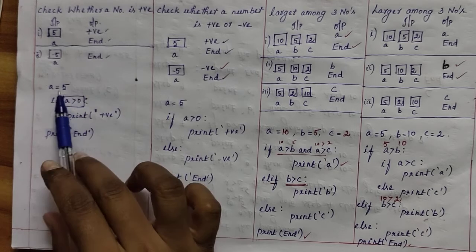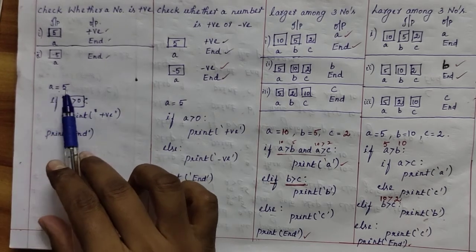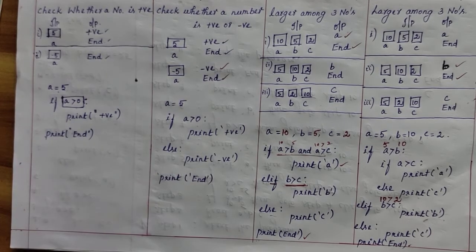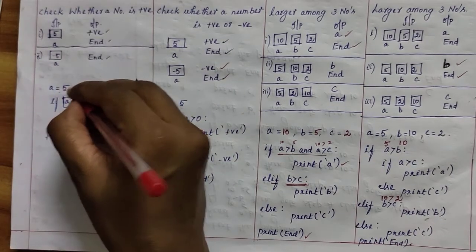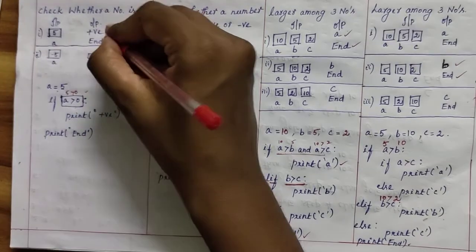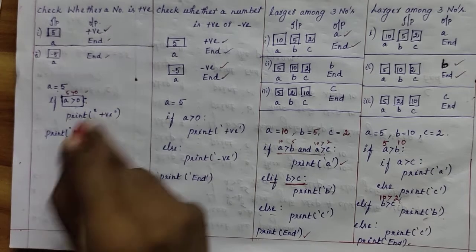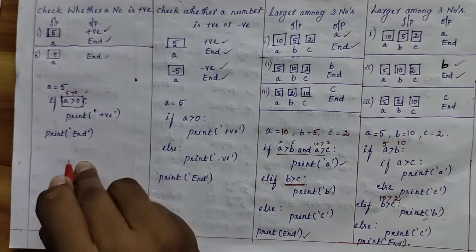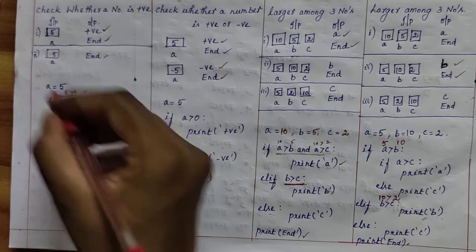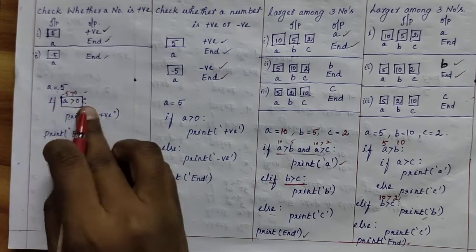I give the value for a as 5 and execute this. Is 5 greater than 0? Yes, the condition is correct. Therefore, positive will be printed and then end will be automatically printed. In case I give this value as -5, is -5 greater than 0?